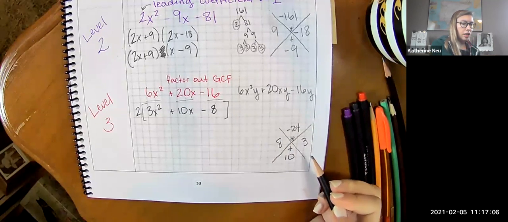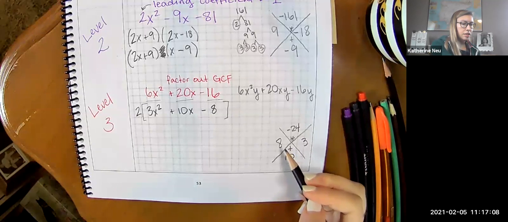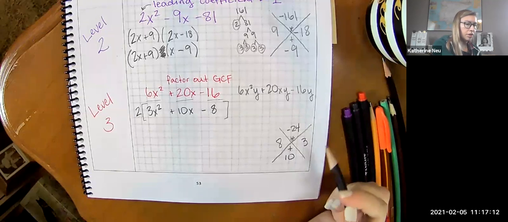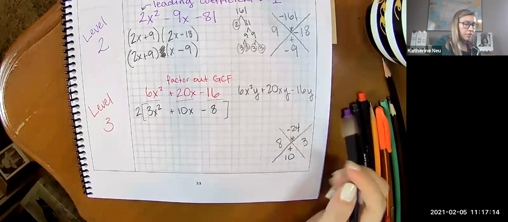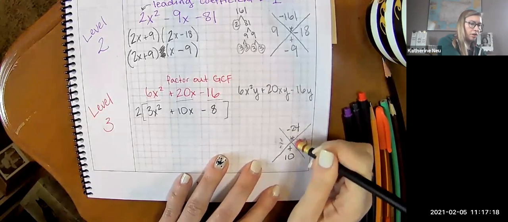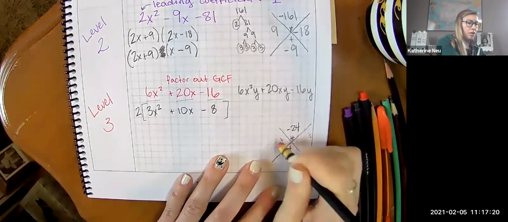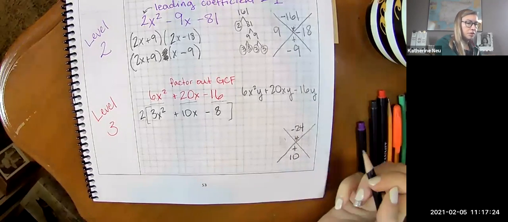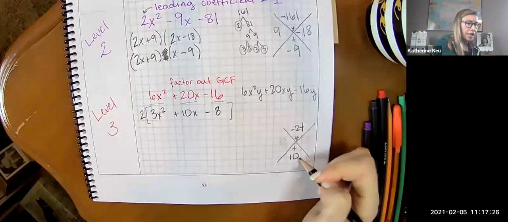So let's see, 8. Oh no, that's not going to work. So what 2 numbers multiply to 24 but add to 10?